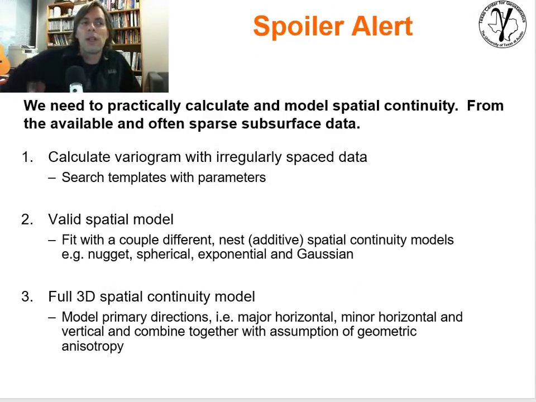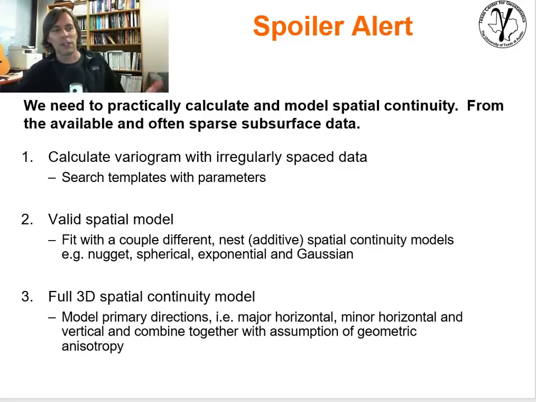Now, at about this point in the lecture, as I change gears a little bit, many students get a bit confused because we were talking about variogram calculation, and then suddenly we start talking about search templates, and then valid spatial models and how we model in full 3D. And they may not realize it's all part of one theme.